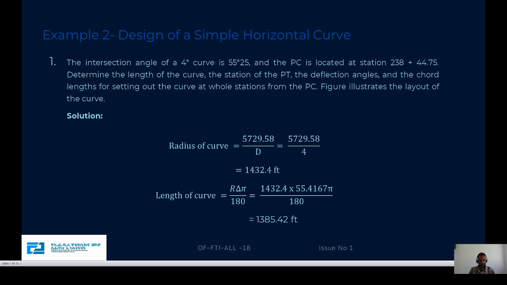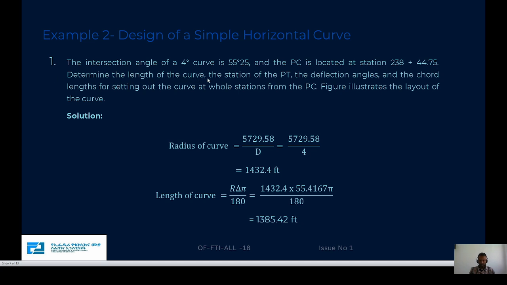And also we will calculate example 2. Example 2: the intersection angle is 4 degrees, the curve is 55 degrees 25 minutes, and the point of curvature is located at station 238 plus 44.75.